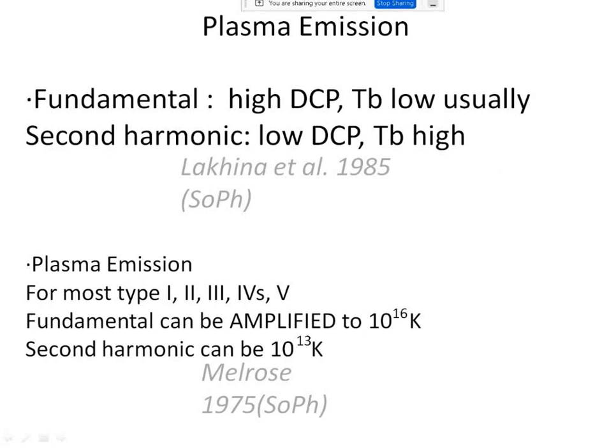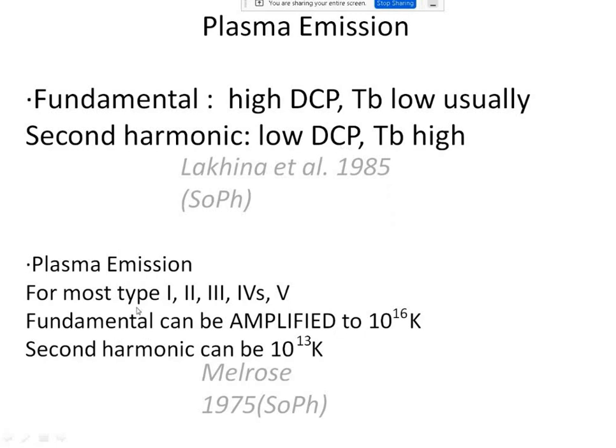For fundamental plasma emission, it has high DCP, but usually TB is low, though not as low as you might think. It's low, but it's still coherent emission. For the second harmonic, the DCP is very low, but the brightness temperature is usually higher.